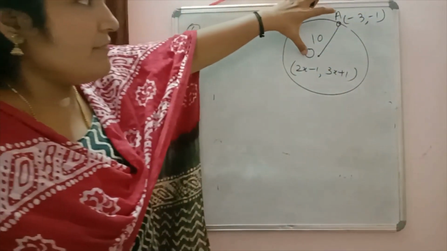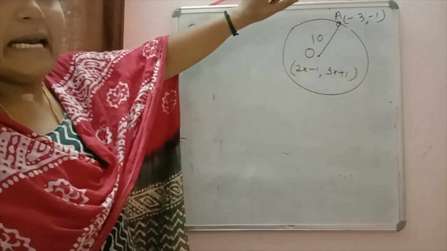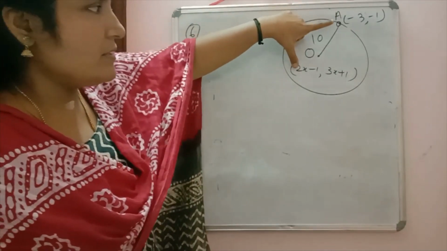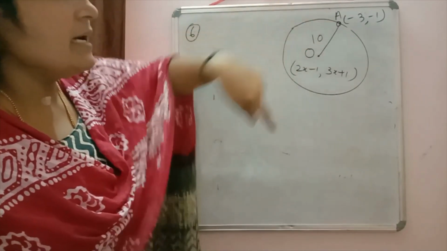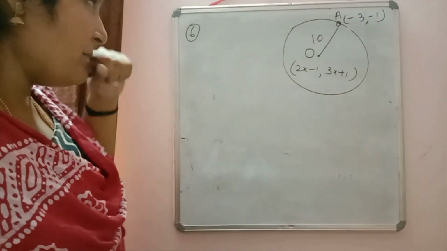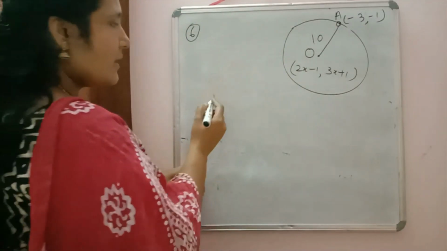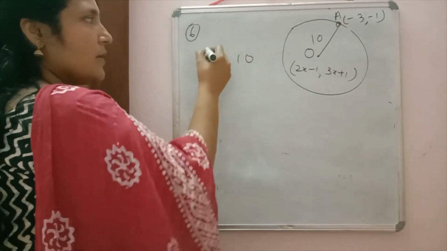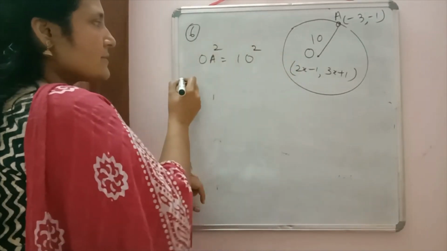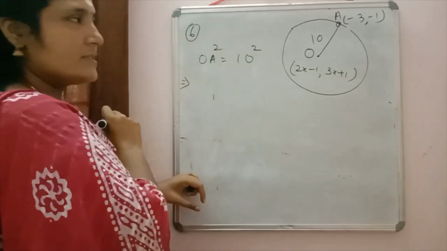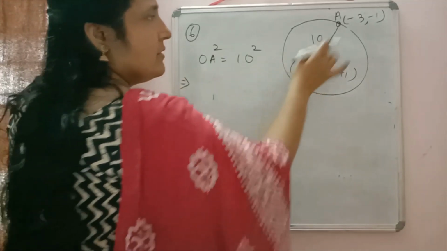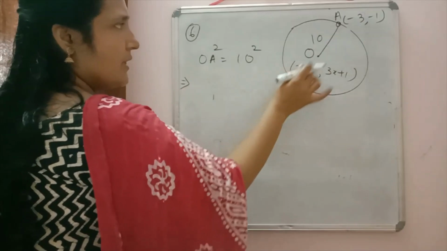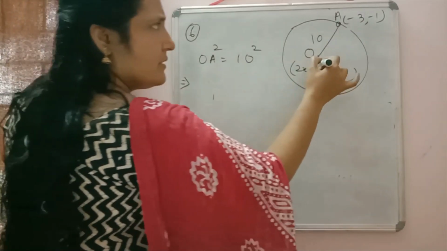So already it is given OA is equal to 10 units, and to find the value of x we will use the distance formula. So I am writing here OA is equal to 10, squaring both sides. So OA square is equal to 10 square. For OA, I am writing this coordinate first.